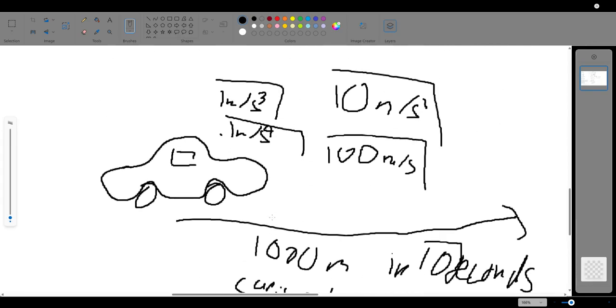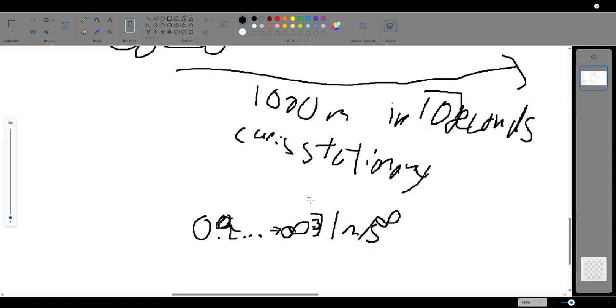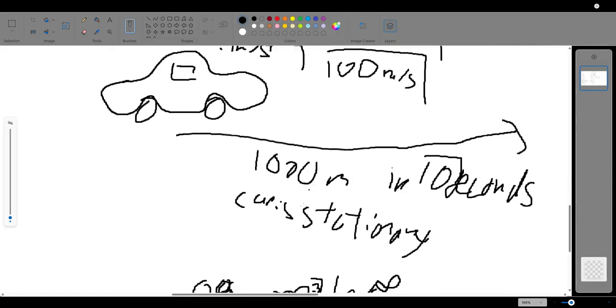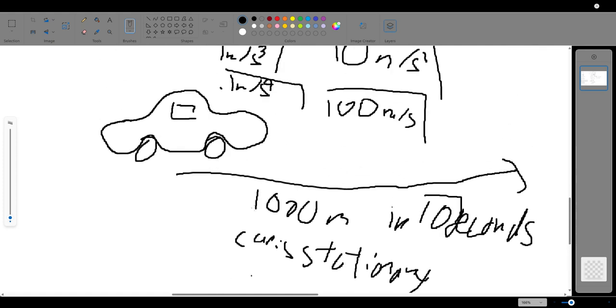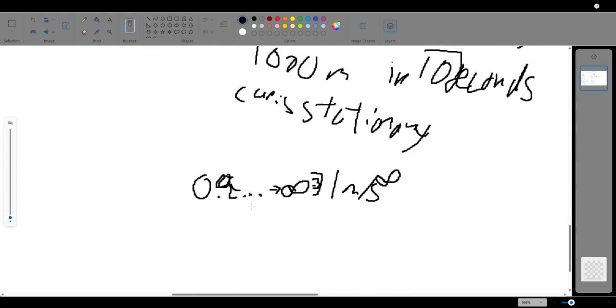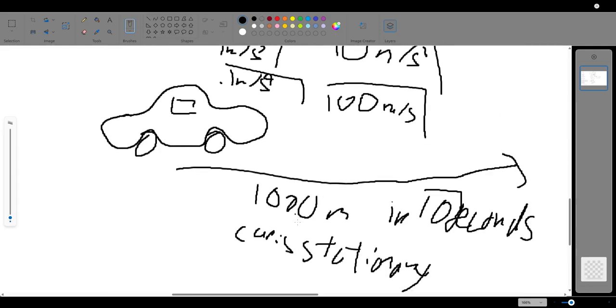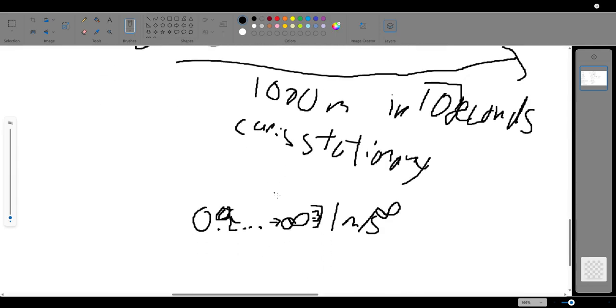So, if it does manage to do that, couldn't you just drive it again so that it reaches that acceleration of whatever jerks per second, but it's just really small?